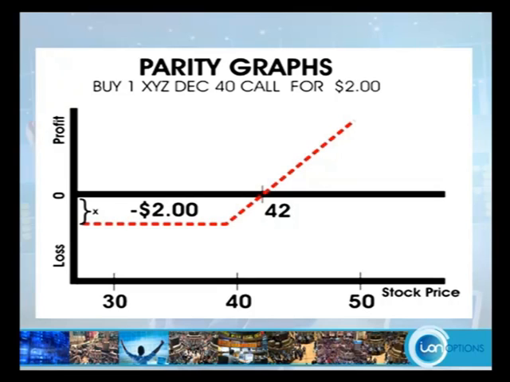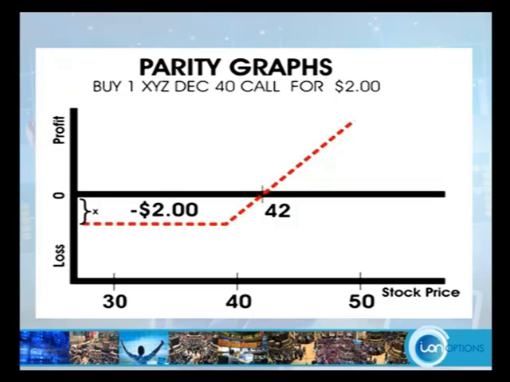What is that loss limited at? The amount we paid for the call. Here it says we bought the December 40 call for $2. So no matter how far down the stock goes, no matter how wrong we are, we can only lose $2. And that's what this graph is showing us.